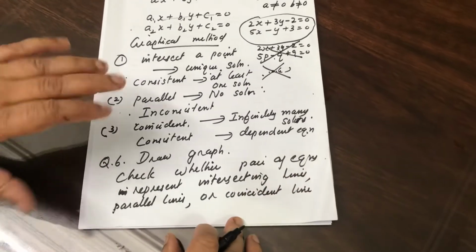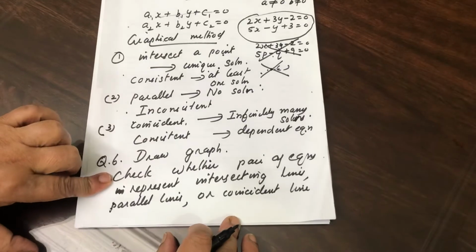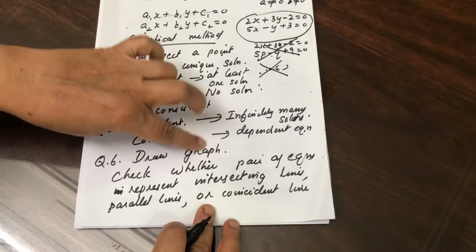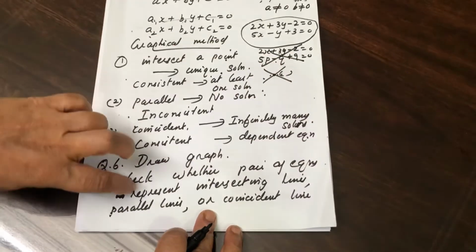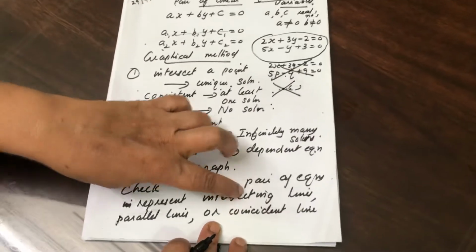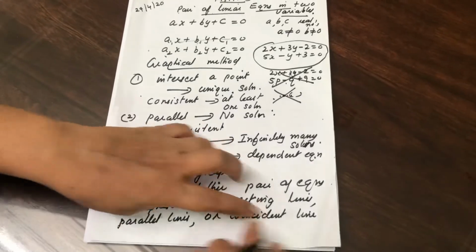The question is, a pair of linear equations is given. You have to draw the graph. From the graph, you have to check whether the pair of equations represents intersecting lines, parallel lines or coincident lines.